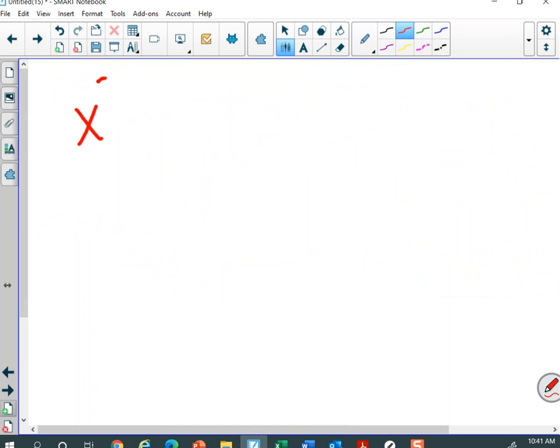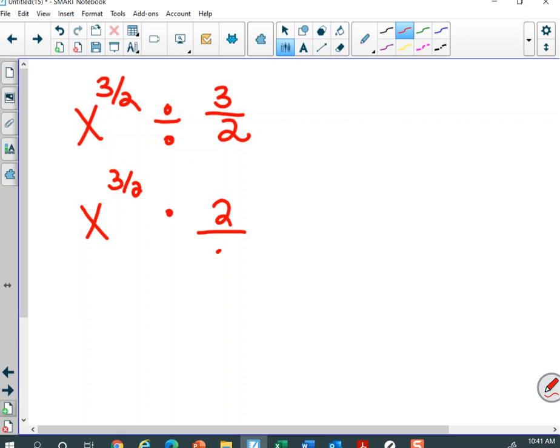X to the 3/2 divided by 3/2. If I write that down again, x to the 3/2 divided by 3/2 is what we have after we take the antiderivative. So that's x to the 3/2 times 2/3. And so we can write 2/3 x to the 3/2 with the floaty fraction in the front.